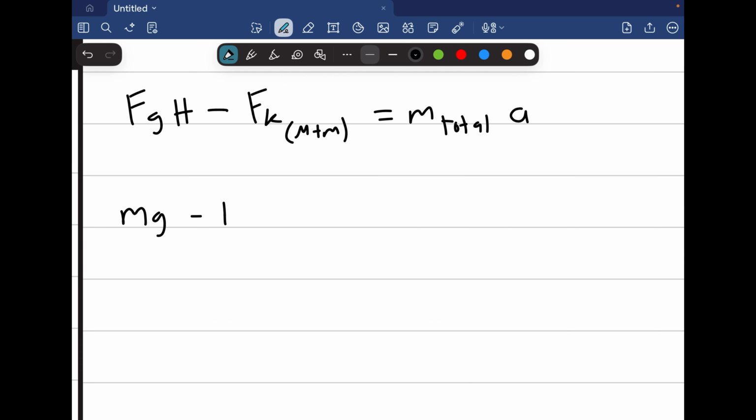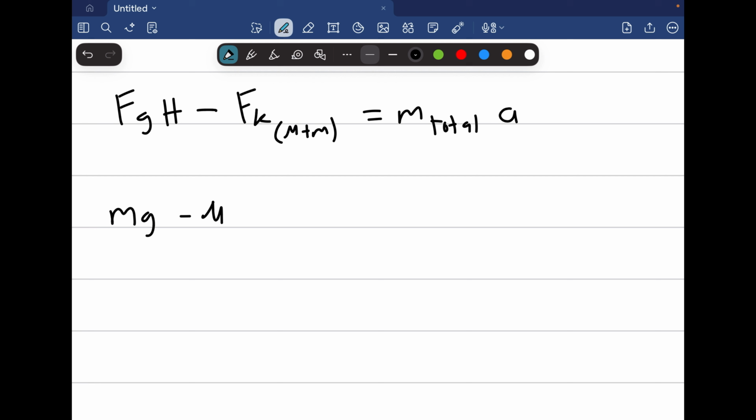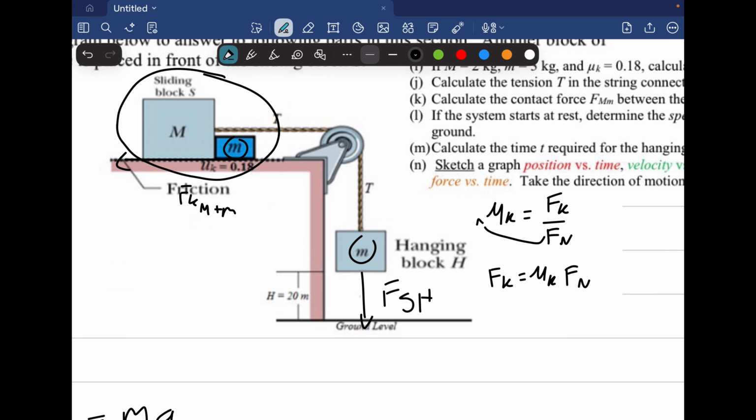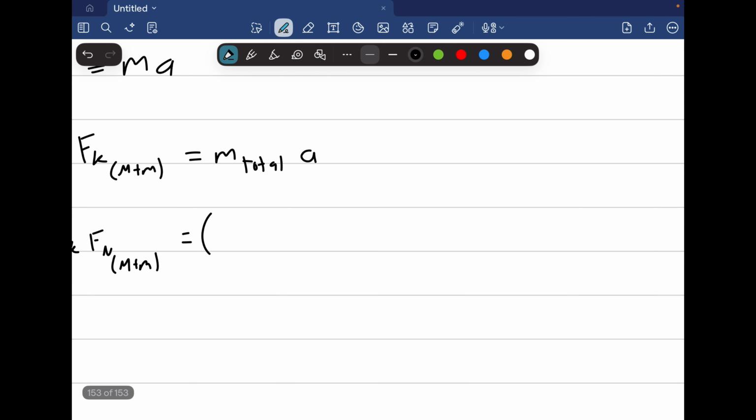So I'll replace fk with mu k fn of capital M plus lowercase m equal to m total, which is just this m and this capital M, right? And then the two lowercase m are equal in magnitude, by the way. And then A.